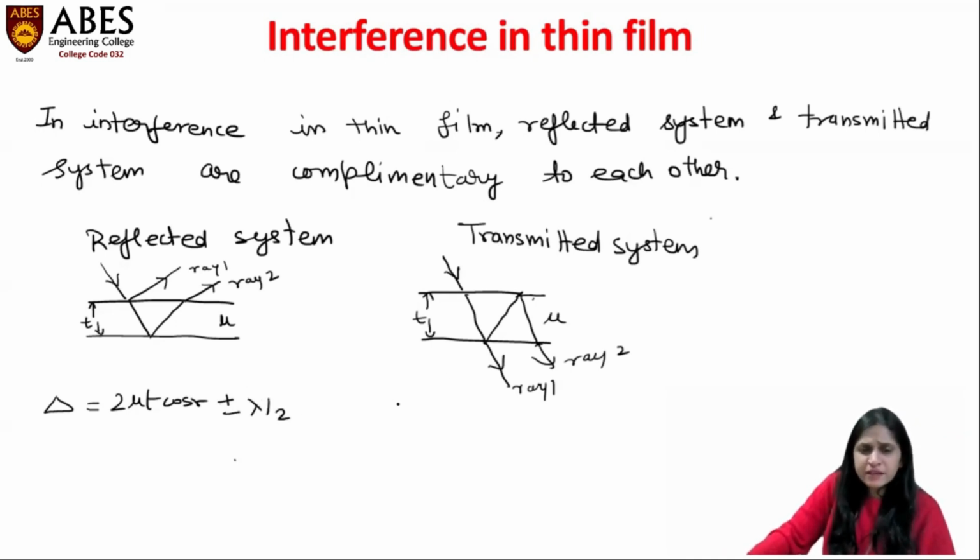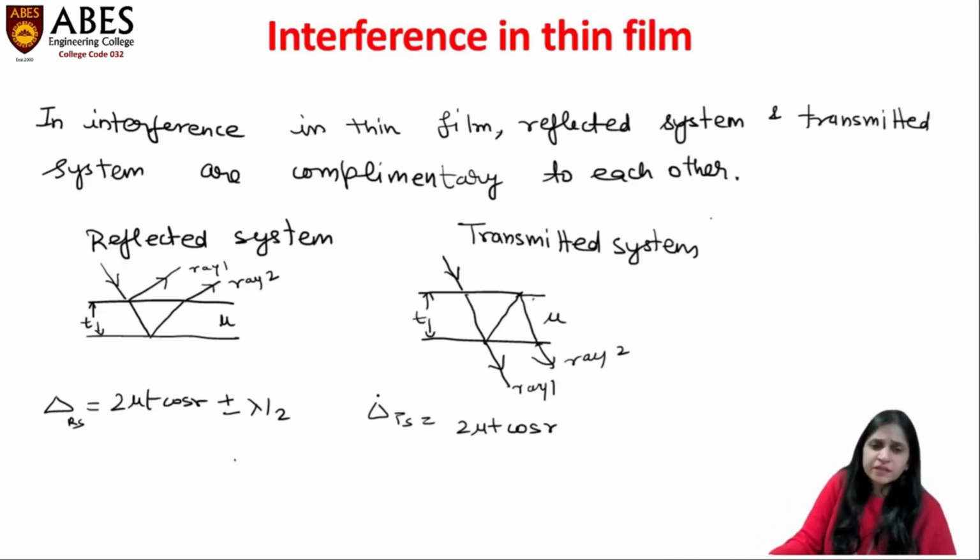In this case, the path difference for the transmitted system is 2 mu t cos r, because in the reflected system, ray 1 undergoes Stokes law, but in the transmitted system there is no such ray just touching the denser medium and reflecting. So this is the difference between the path differences of both.